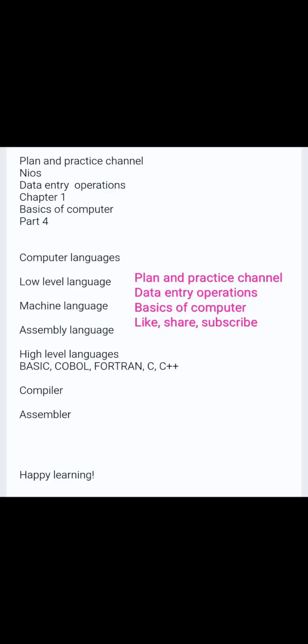As we communicate with other people in a language like Tamil, English, Kannada, Malayalam, Hindi, similarly the computer also has some language. This language is understood both by the user and the machine. So this language must be common to the user and the machine.